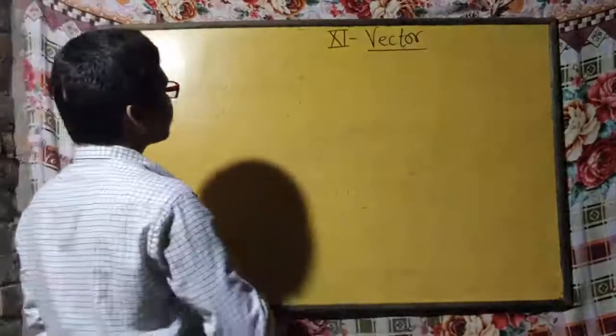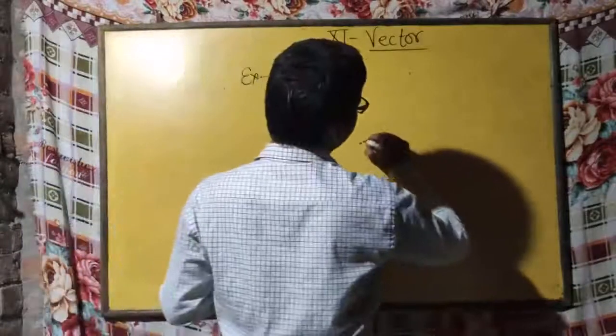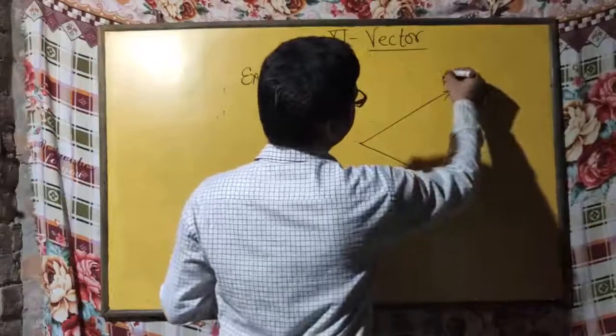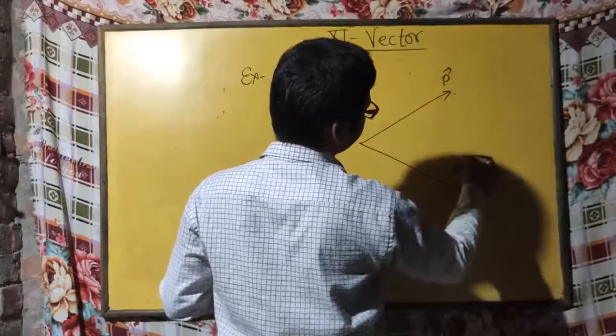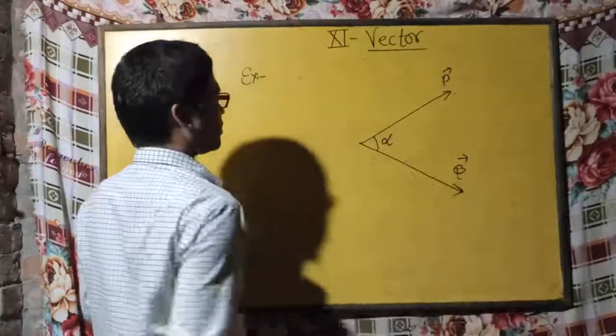So let's see another example. Suppose the two vectors are given like this. This one is P and this one is Q, and the angle between them is alpha, suppose.